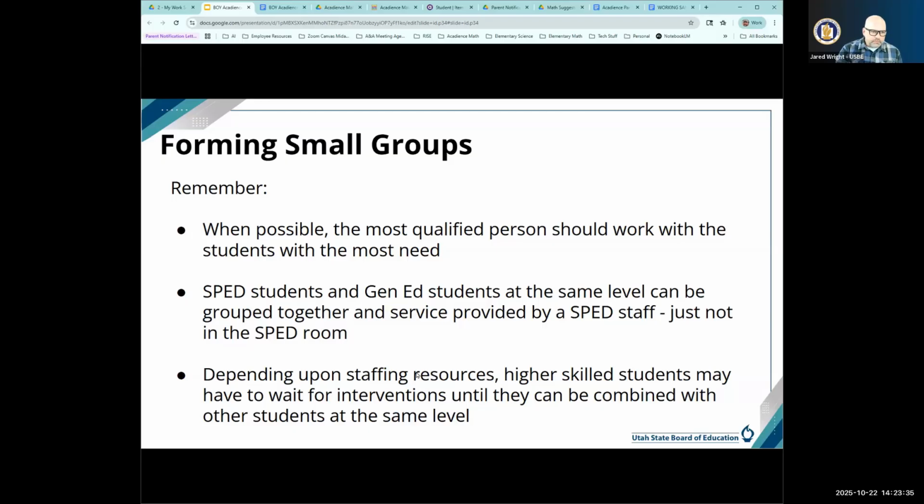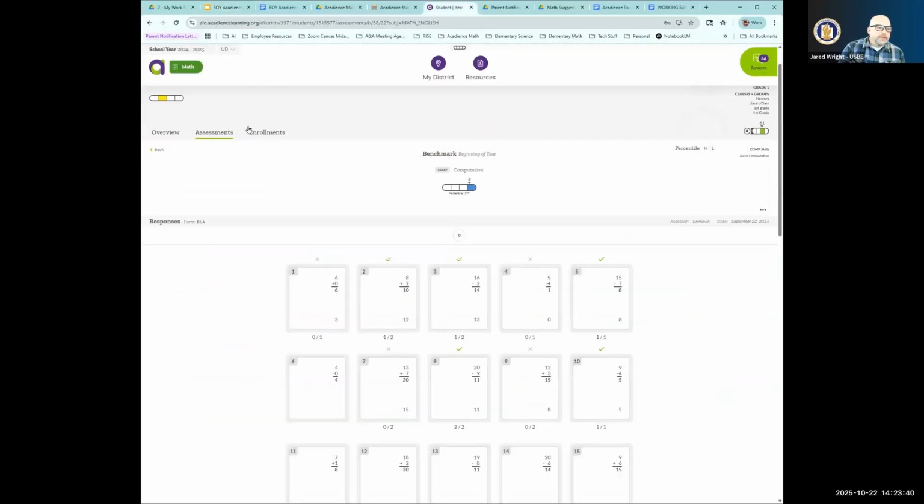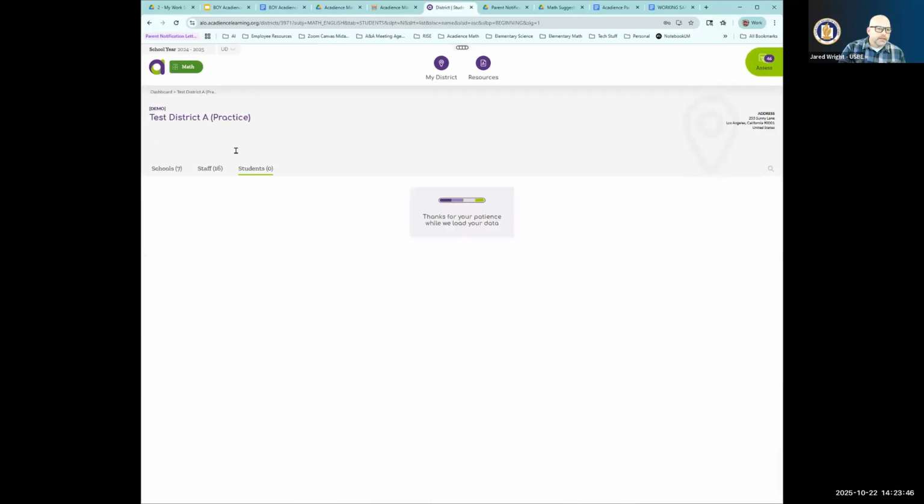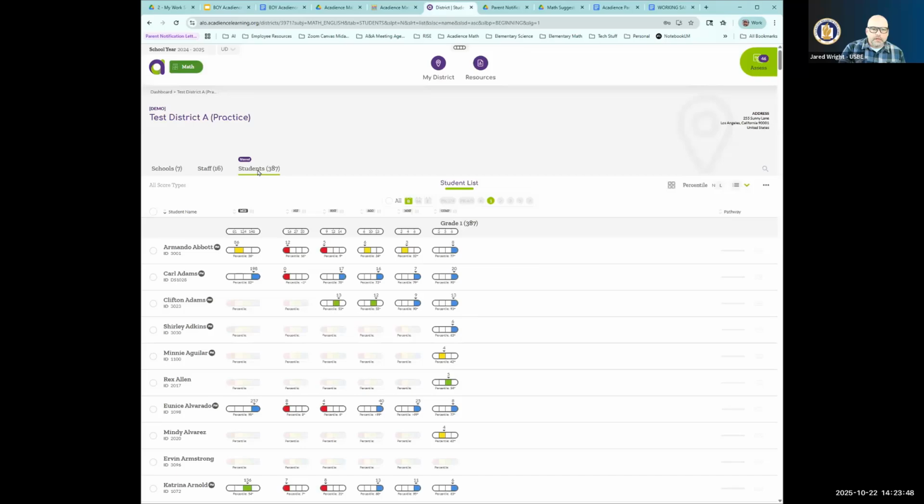I did want to show you, in ALO, if I go back to my student list, there is a 4-square icon to the side.